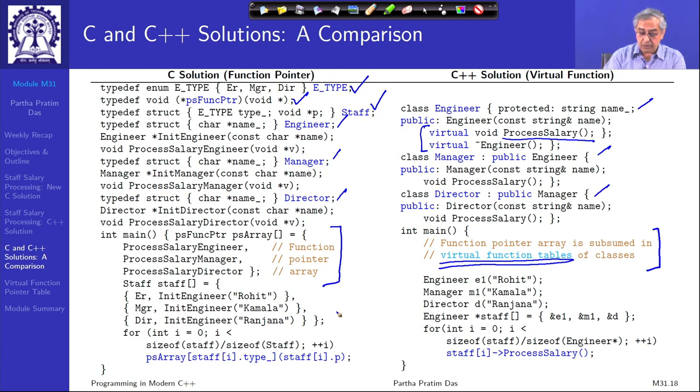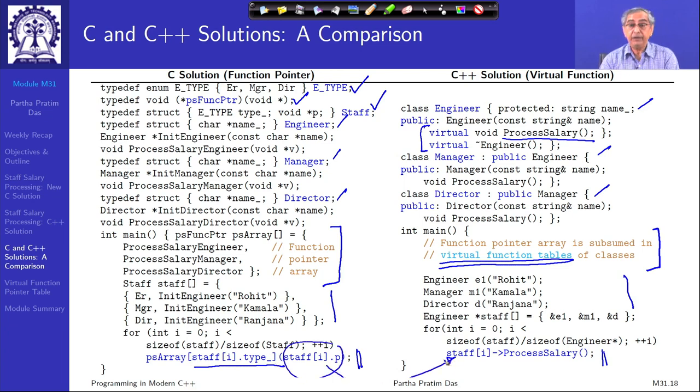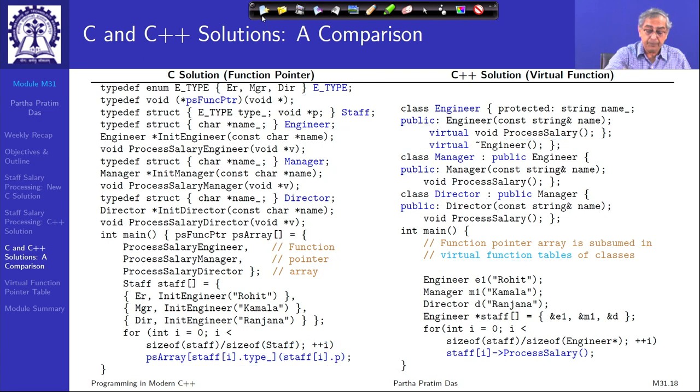The rest of the solutions look the same, except for the syntax and all that, and the calls also look very similar, but C++ has the advantage that I do not have to maintain the explicit type. All that I need to do is take my object, and on it call the process salary function, which automatically gets dispatched.